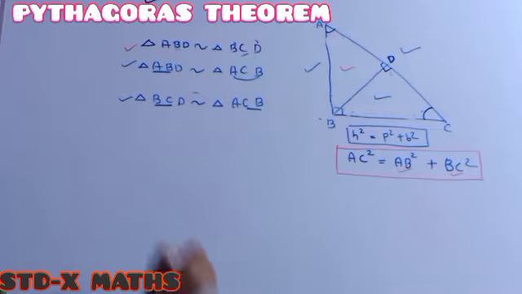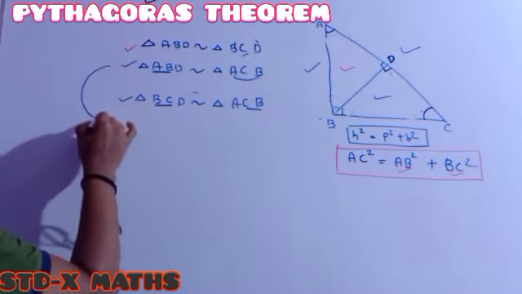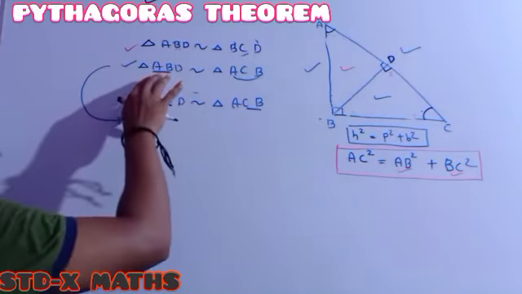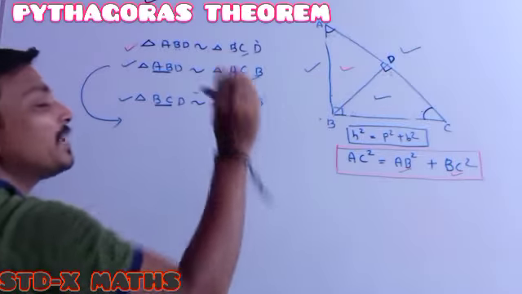Understood or not understood? From here I am showing you something. As both the triangles are similar, 100% its corresponding sides are in the same ratio.